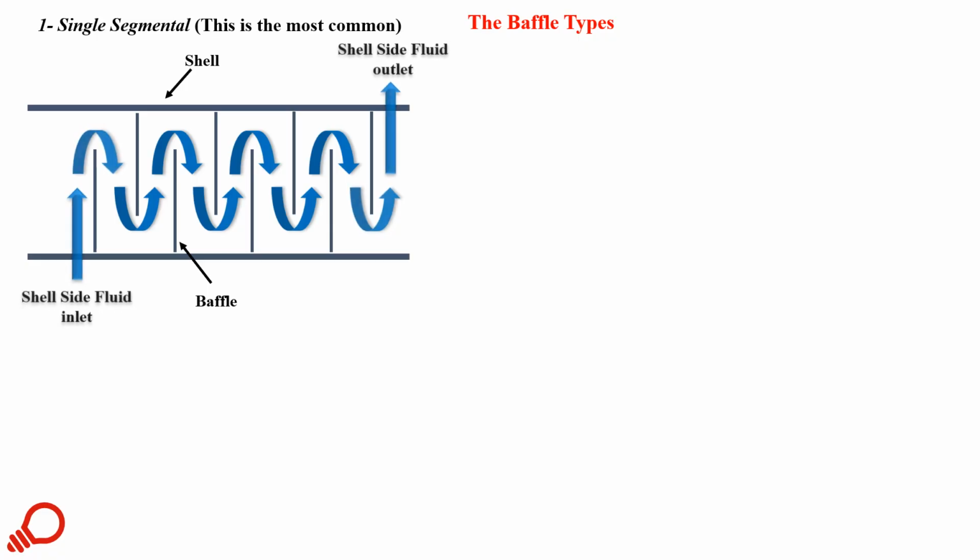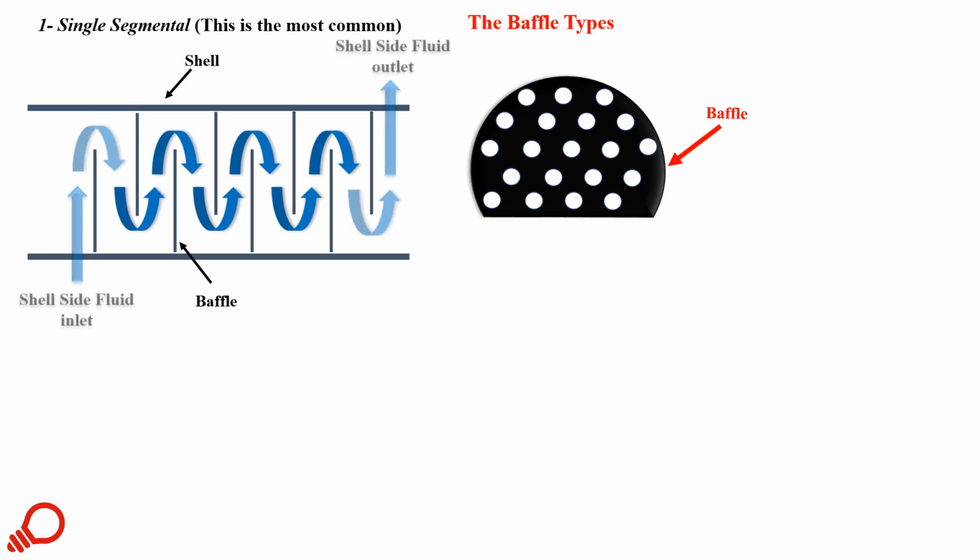And we can see in this animated diagram that the fluid on the shell side enters the shell from the left-hand side and passes, crossing the distance of the heat exchanger through these baffles as shown, and that will make a perpendicular flow between the shell and the tube side.